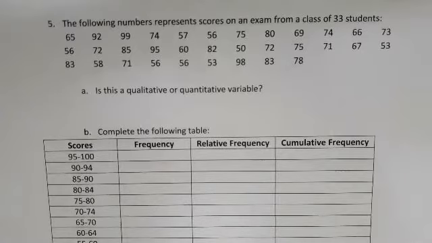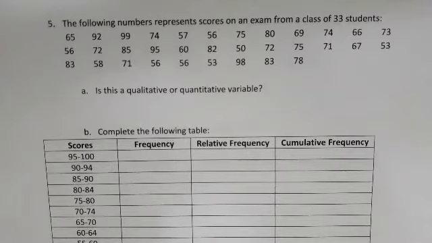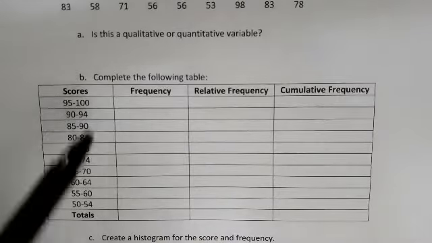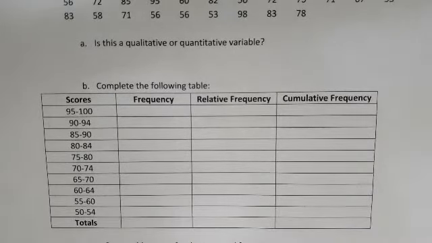So now we have a list of scores. We want to make a frequency table, and they want to know if this is qualitative or quantitative. I fixed my bins, so now my bins are fixed. Ooh. Are they? No. Ooh, I didn't fix this since I've printed it out.